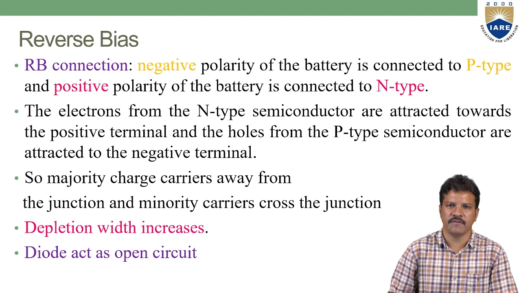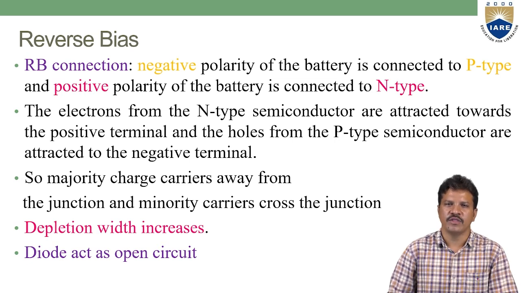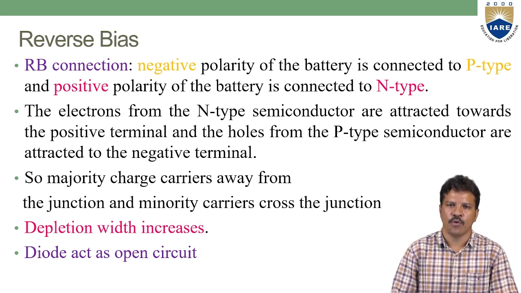In reverse bias, because the negative potential of the battery is connected to the p-type, the majority carriers in the p-type are attracted towards the negative potential, and the majority carriers, which are electrons on the n side, are attracted towards the positive terminal of the battery. Then all those majority carriers move away from the junction and only minority carriers cross the junction.